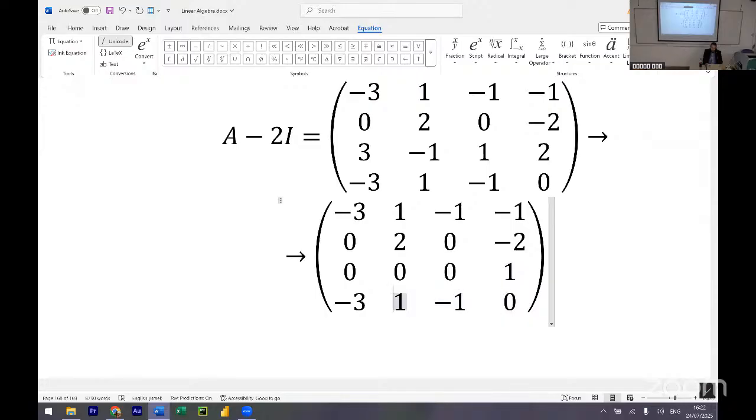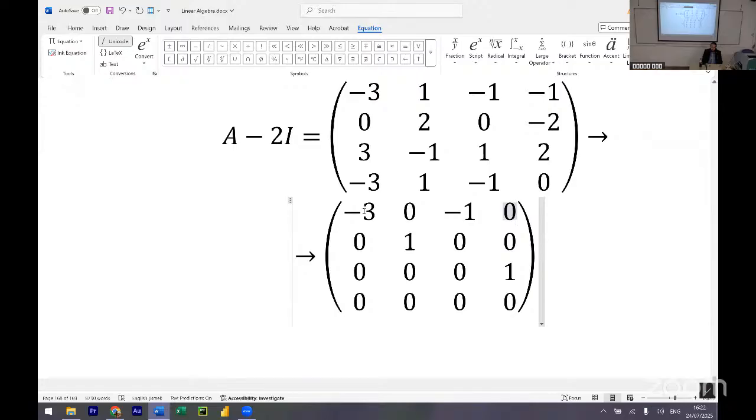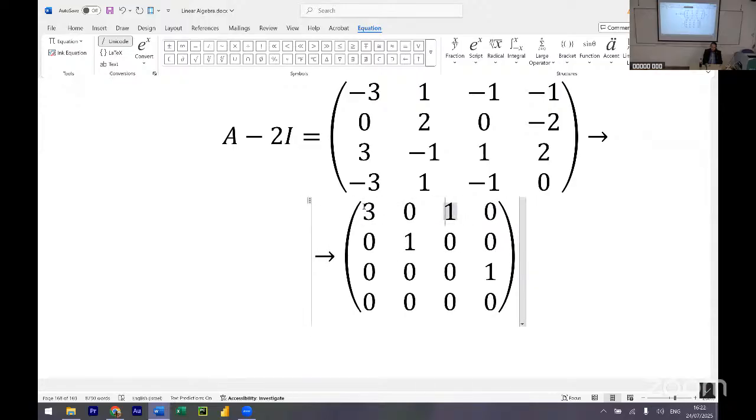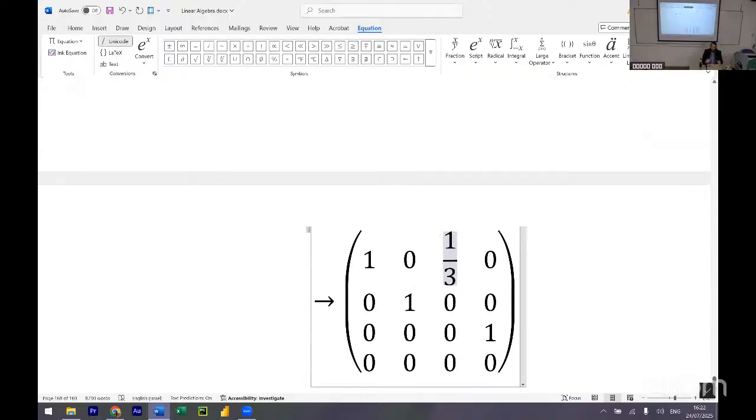And this minus the third, now plus the third, I mean 2. And this is 0, great. And now this is 1. This is minus 1, so this is 0. So this is 0, and this is 0. So this is 3 and this is 1. So this is 1 and this is the third.